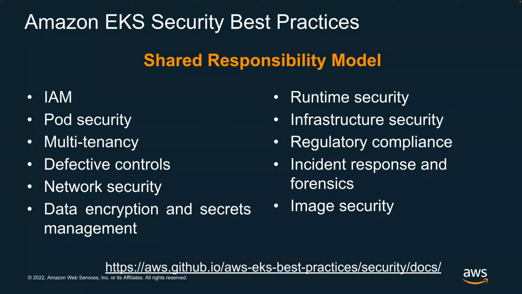There are some native capabilities within EKS that can help you with pod security and multi-tenancy. But we also profess that you could use third parties, for example, Sumo Logic, and our partners to secure and look at pod security in a better way, so that you can do image scanning or things like that. You could do it with third-party software, and then you can use those logs and events within Sumo Logic.